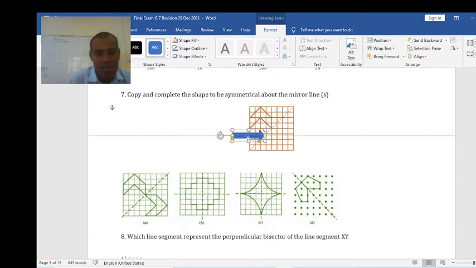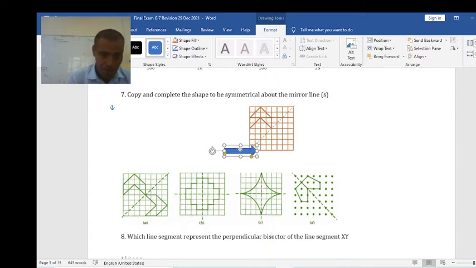This is the mirror line, the dashed line, you see. So in your opinion, if you are going to reflect this in the mirror line, which figure fits this shape? So it's clear here. This one, clear?